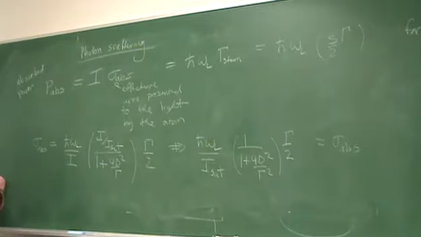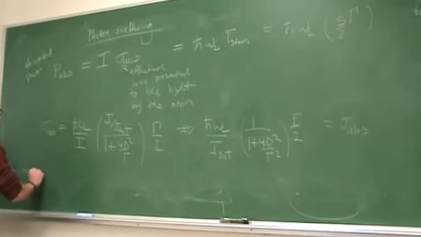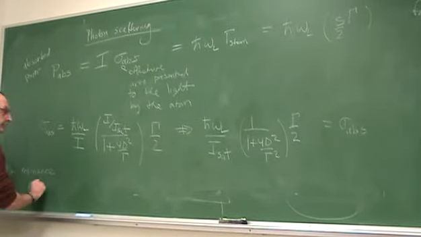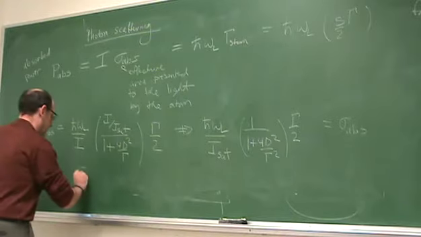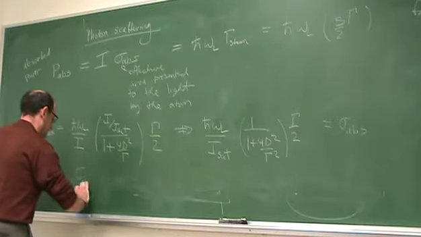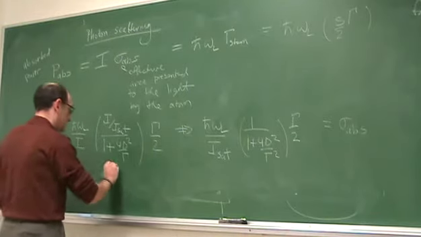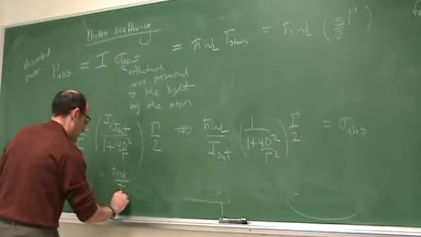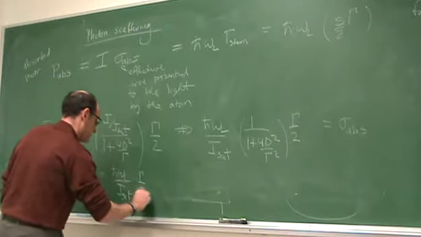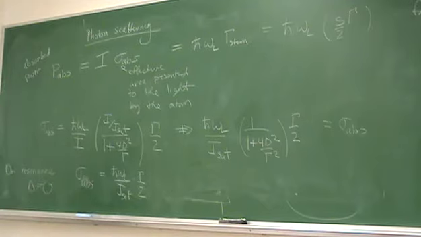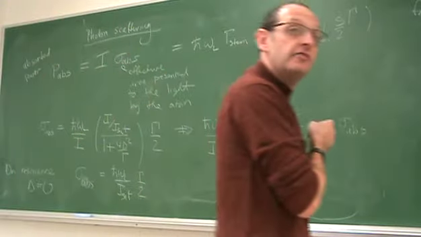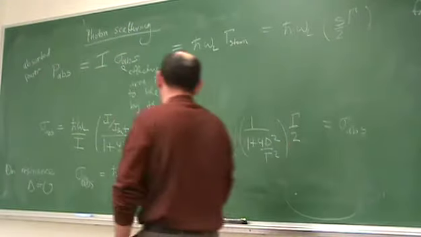On resonance, delta equals 0. The absorption cross-section is equal to that. And then we can plug in the expression we had. We calculated the saturation intensity in terms of the line width and all of that stuff. Plugging that in, and what do we get?